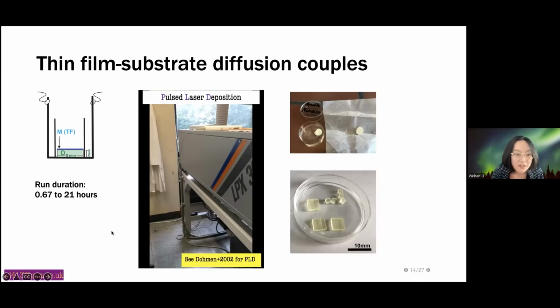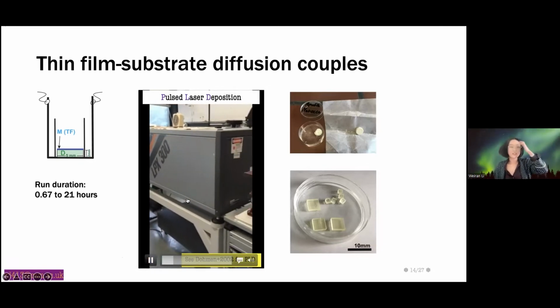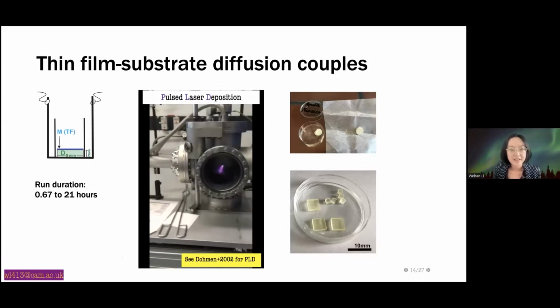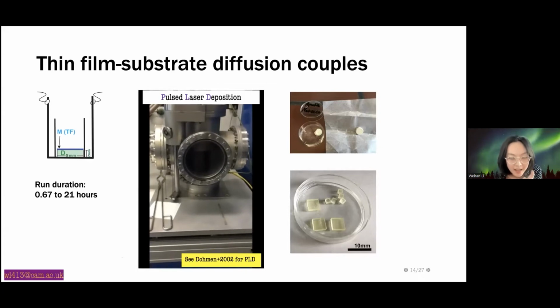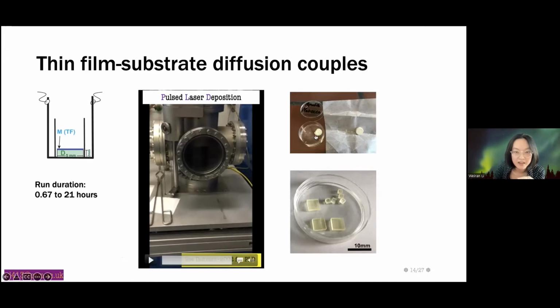I have a movie here. I hope it's not too loud. The sound you hear is the pulsed laser that goes from the left side of the instrument all the way to the chamber. It heats the pellet, shown here, and produces that purple-colored plasma, which forms a thin film above the Durango apatite substrate.